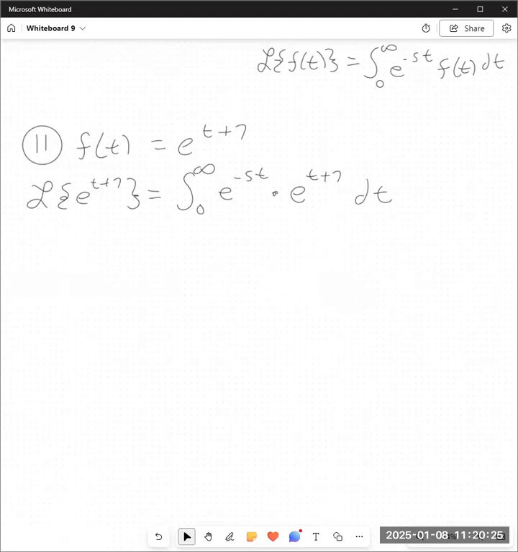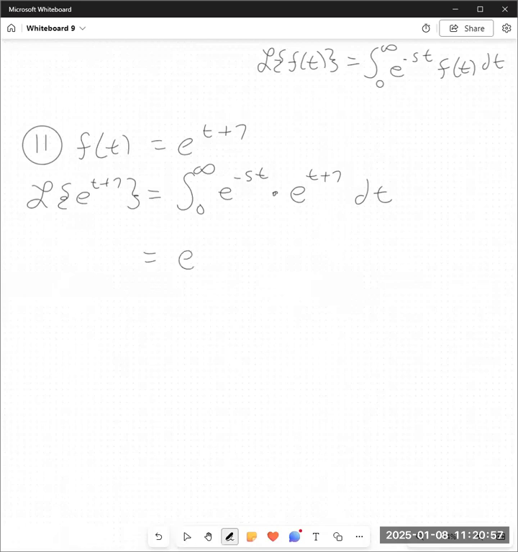I want you to ask your teacher how they want you to write this, whether they still want you to write the limit as b goes to infinity and replace the infinity with a b since it's an improper integral with an upper limit at infinity, or whether they're okay with you leaving that notation and knowing what it is. I'm going to pull out the stuff that doesn't have t, the e to the 7th that was multiplied there, because it's a constant multiplier.